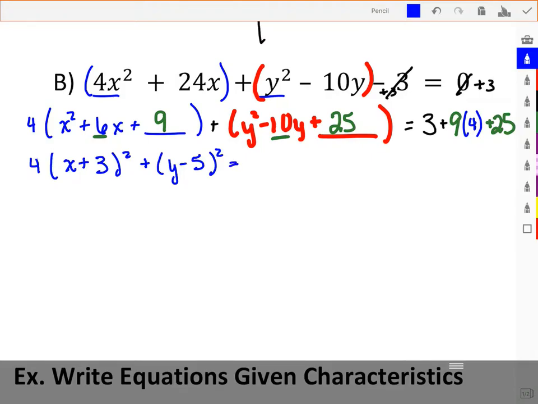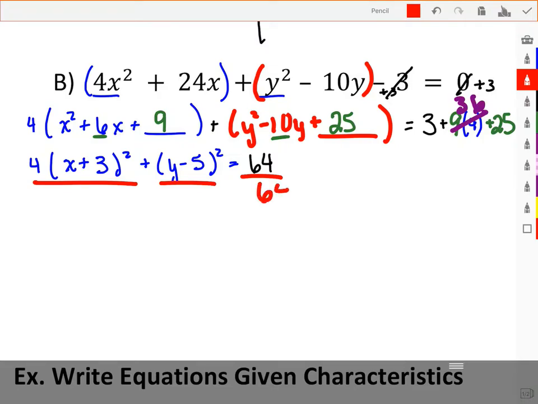Equals, and let's add all this together: 4 plus 9 times 4. 9 times 4 is 36. So 4 plus 36 plus 25 is 64. Okay. Now we're not quite in standard form, because if you remember, both of the standard form equations ended in 1. They just equaled 1. So what we need to do is divide everything by 64.